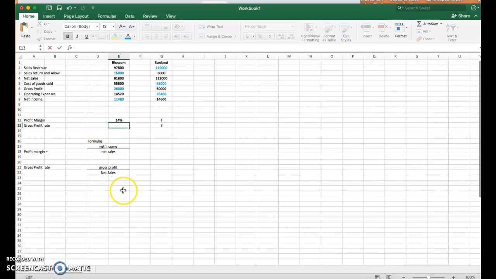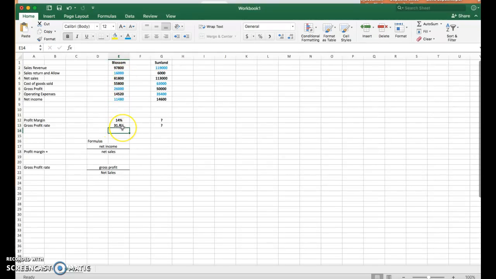And then we got our gross profit divided by our net sales. So we got to put an equal. Gross profit, and then divide it by our net sales. We get 31.8%.